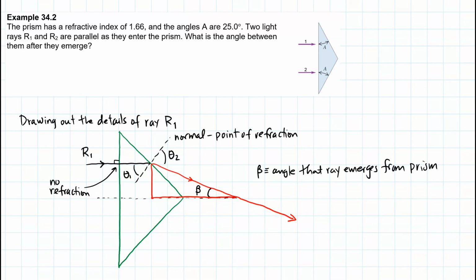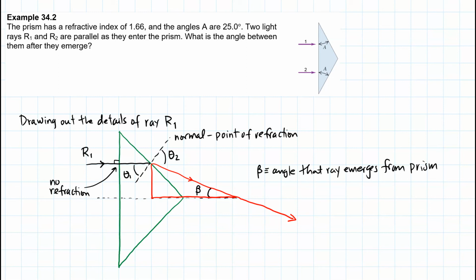As light comes in, we could see that ray 1 will come in at incident angle theta 1. Now, since I'm going from a higher index of refraction to a lower index of refraction, we could see that this ray bends away from the normal at theta 2. But there are other angles that we need to figure out.